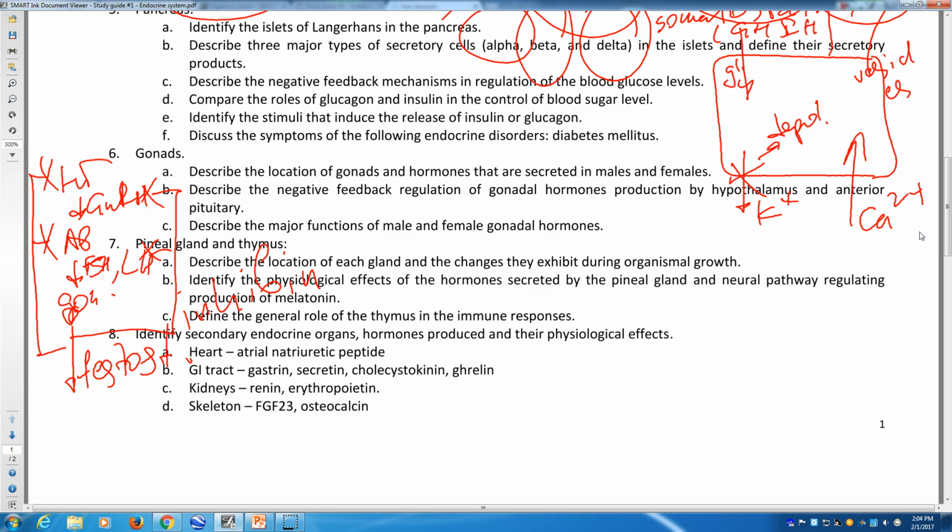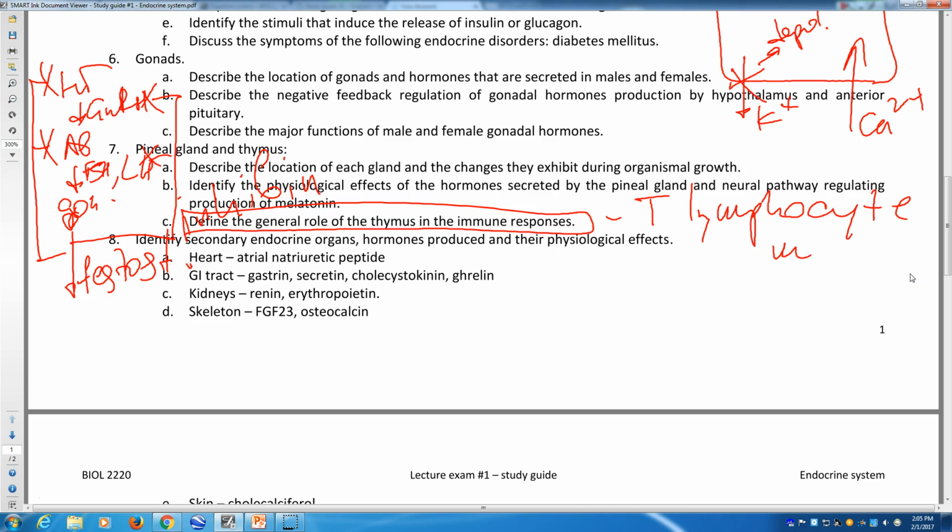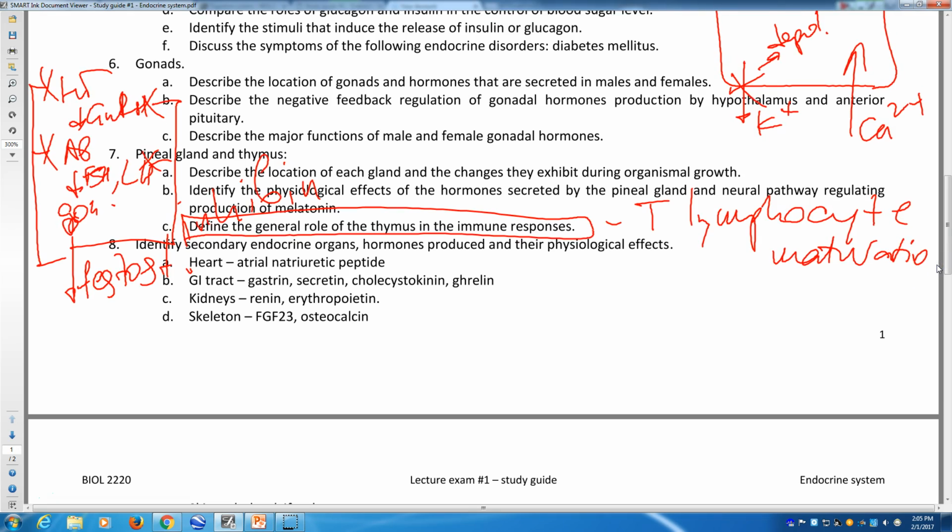That's all you have to know. Pineal, probably interesting. About the thymus we can talk when we get to immunity. So this fancy statement means T lymphocyte maturation.